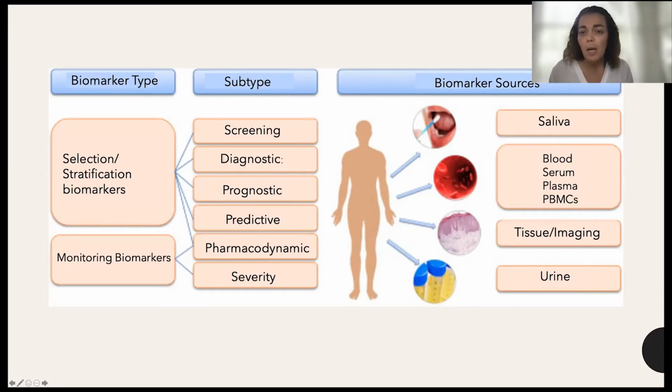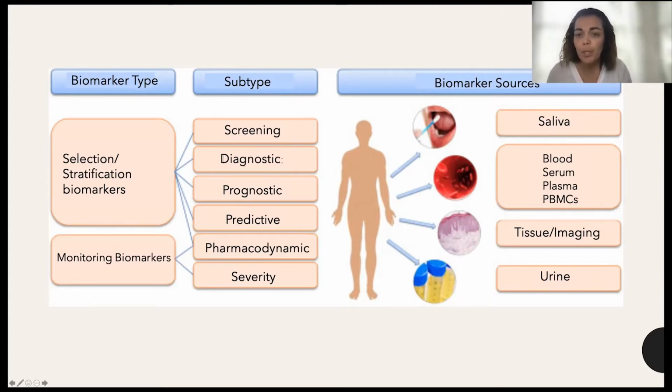Based on their characteristics, they can be classified as imaging biomarkers, which would use CT, PET, or MRI. We could use molecular biomarkers with three main subtypes. They can be volatile, so biomarkers from our breath or our body fluid, or also from tissue.